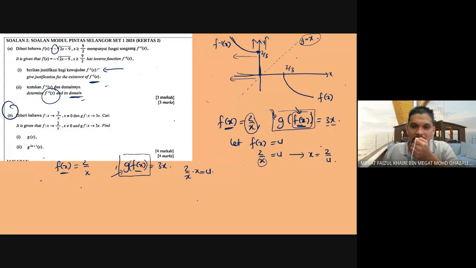So 2 over x equals u, then x equals 2 over u. Can you imagine? Multiply with x on left and right, so 2 equals u times x, then divide by u, so x equals 2 over u.